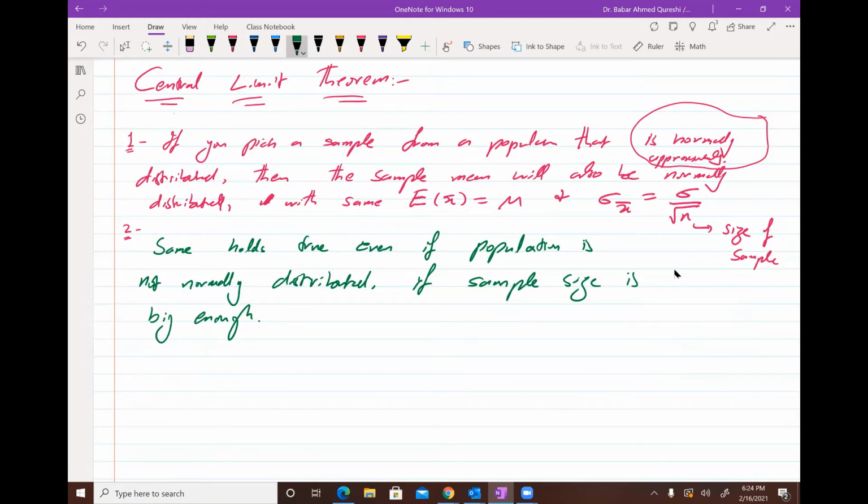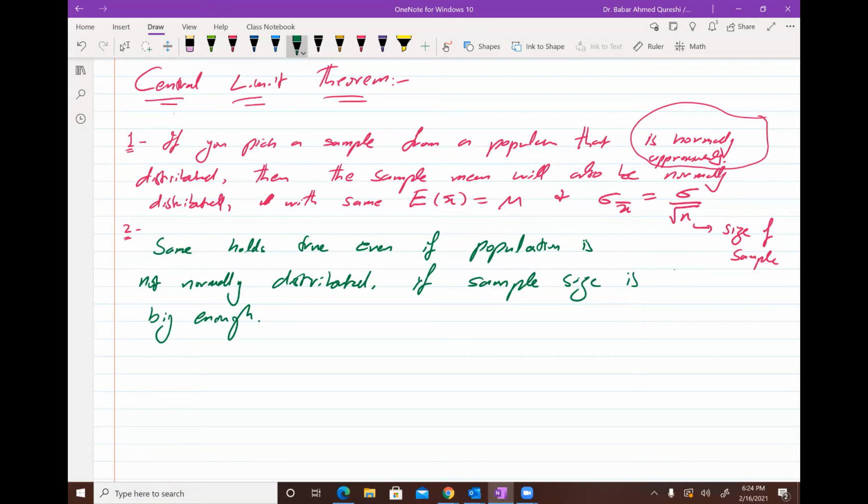Well, you can ask how big. Practically speaking, for any population distribution, it depends on how skewed, how weird the population distribution is. But for most population distributions, any sample size around 25, its mean already becomes a very good normal distribution. For most cases, even sample sizes of 5 or 6 start giving you normal distribution. But at 25, it's almost guaranteed.